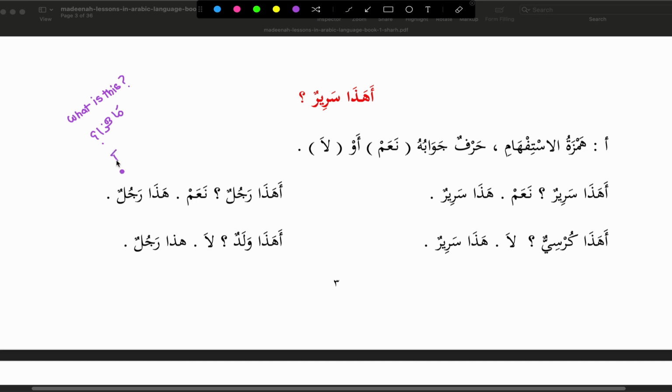So then you ask, is this a house? You're assuming this is a house, but you just want to double check. The way of asking that question is just by having the sentence هذا بيت. This is a house.